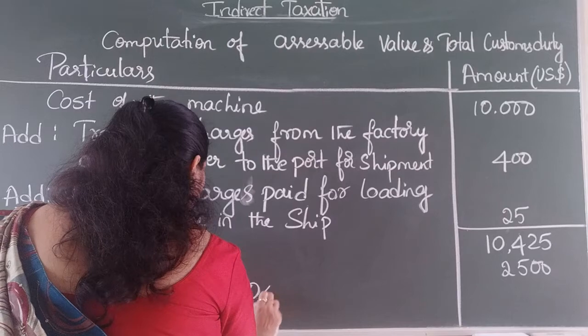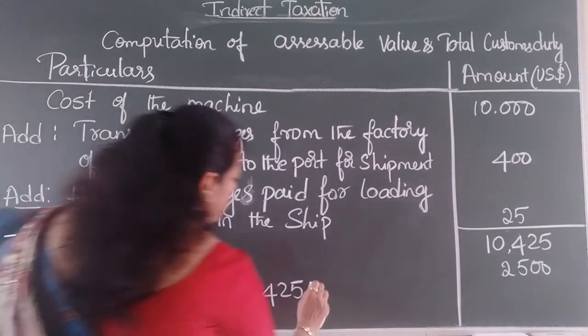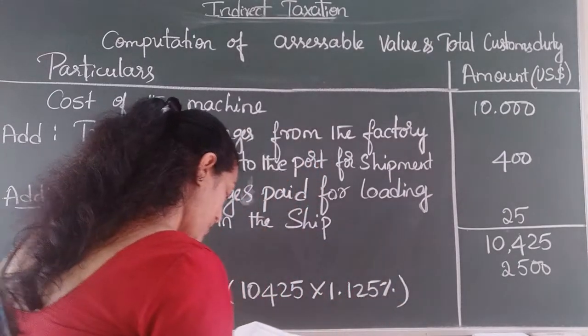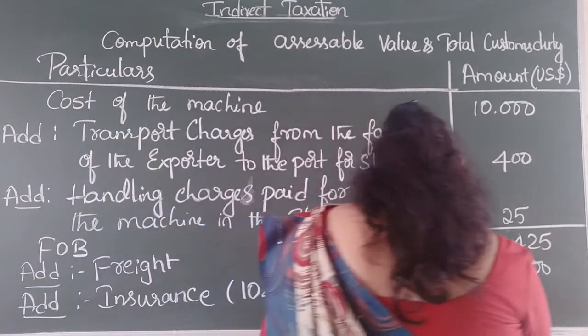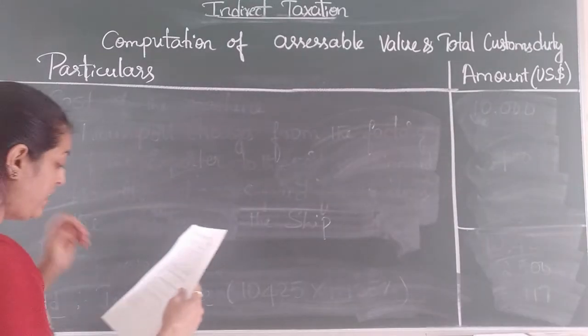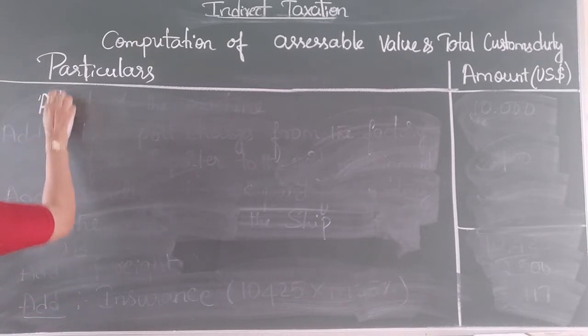So 10,425, that is on FOB value you need to take 1.125%. You will get the answer as 117.